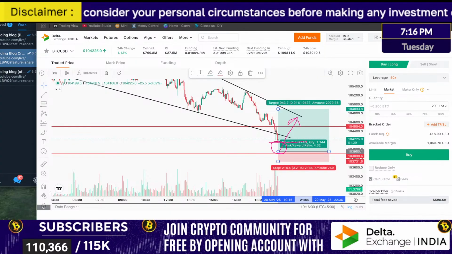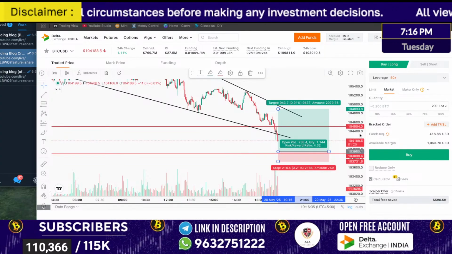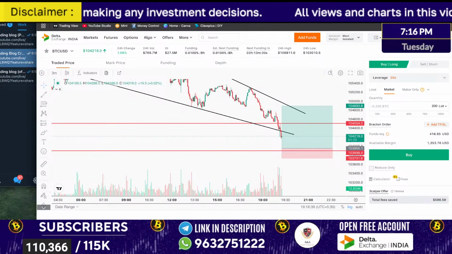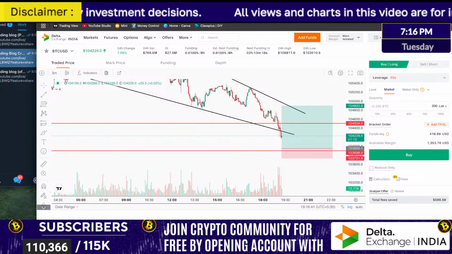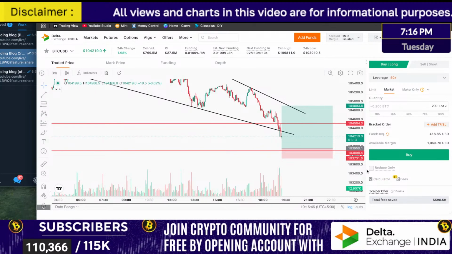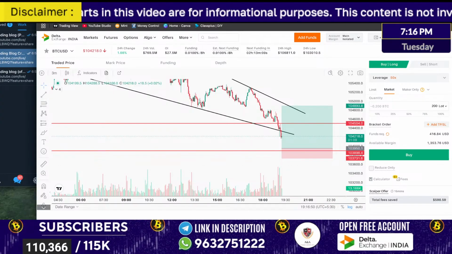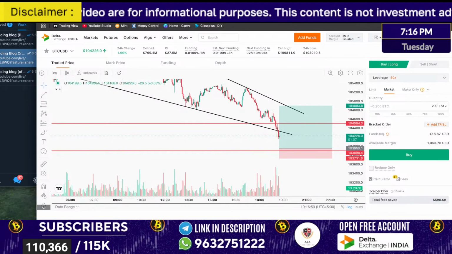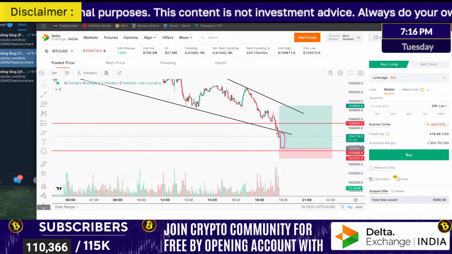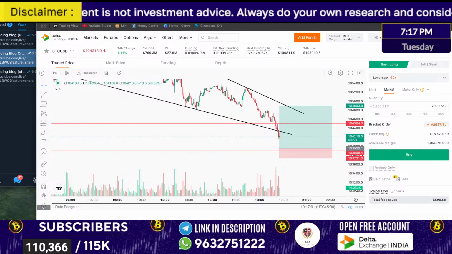So what I will do is wait for a little more while, maybe another 2-3 candles. One last strong bearish candle here would be a bit helpful if that comes.